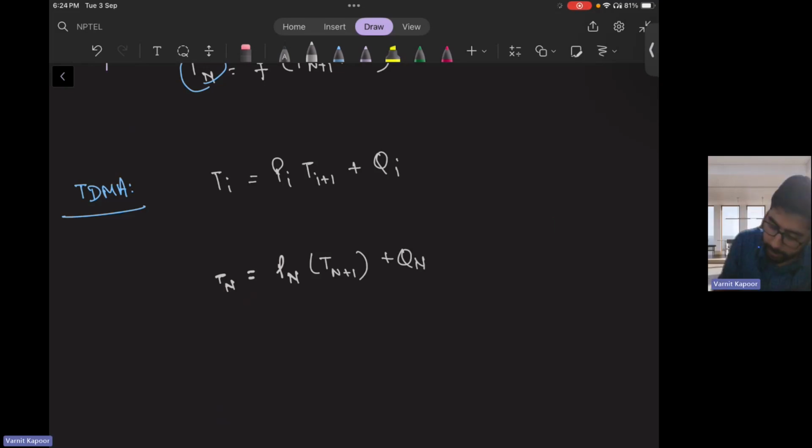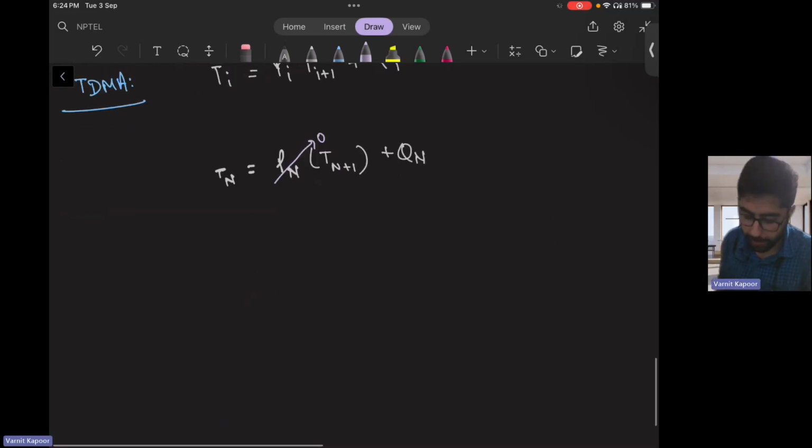Now again, you know that this will be 0 because there is no n plus 1 node. Only the boundary condition value is equal to Q. You know Tn, you put it in the previous step, back substitute, and get the value of T of n minus 1, then T of n minus 2, and similarly the others.